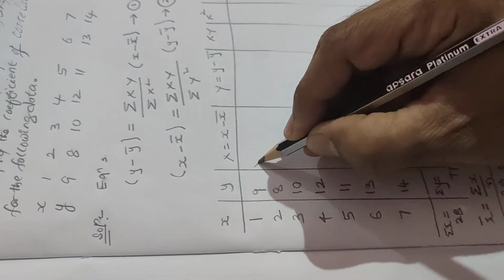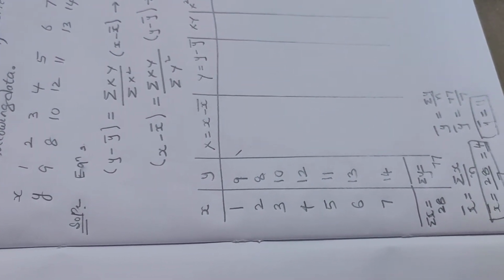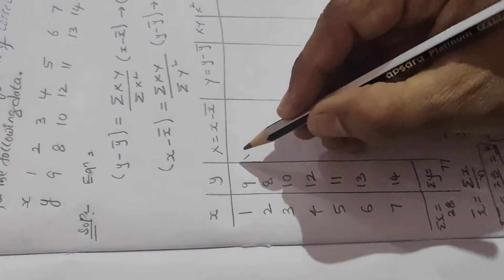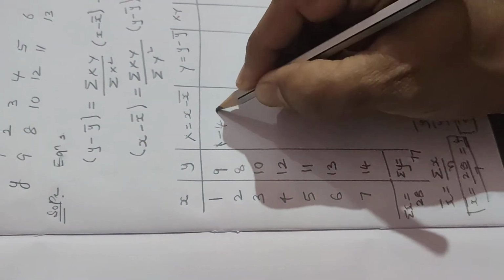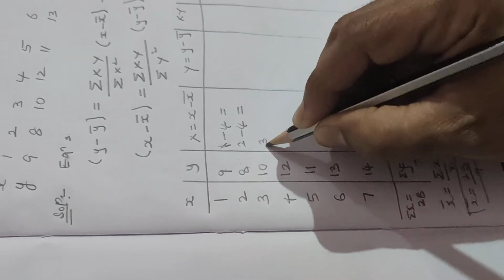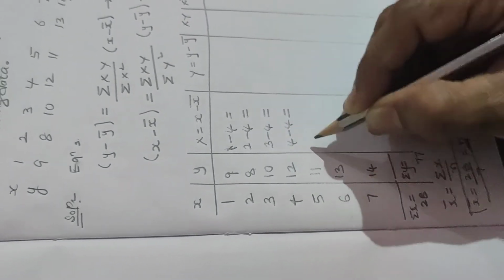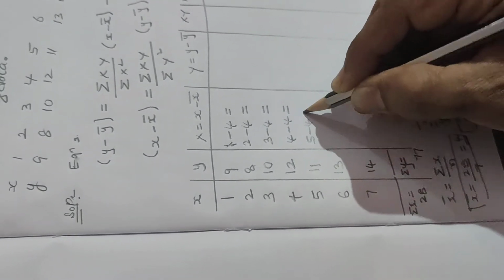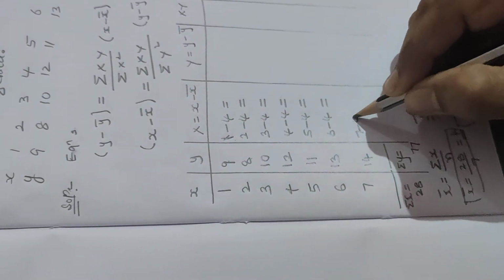Now I'll get the values of capital X. I'll subtract: 1 minus 4, 2 minus 4, 3 minus 4, 4 minus 4, 5 minus 4, 6 minus 4, 7 minus 4.